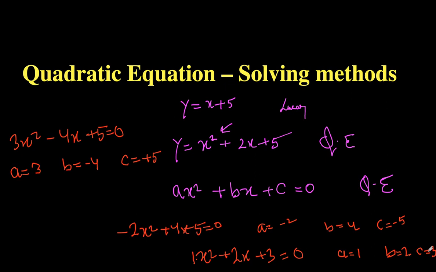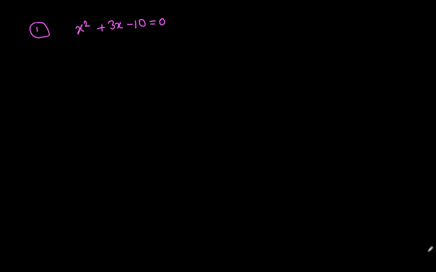Now we are going to learn how we can solve any quadratic equation. The first method which I'm going to talk about is the factorization method. In the factorization method, the first step is to put two brackets and check the factors of minus 10.